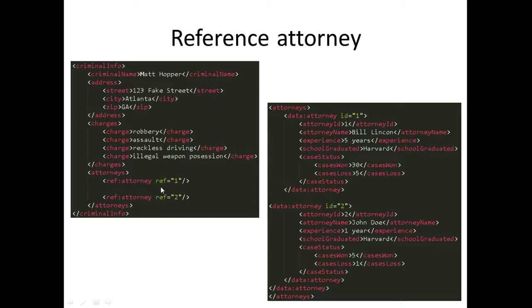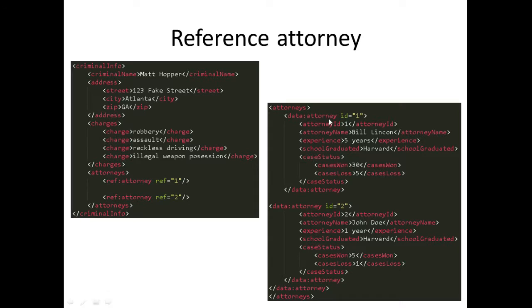So this ref attorney is basically going to point to this data:attorney element that we have here. Now I'm referencing attorney 1, and as you can see, the data:attorney is in this particular tag. So I'm going ref attorney and then ref equals 1.